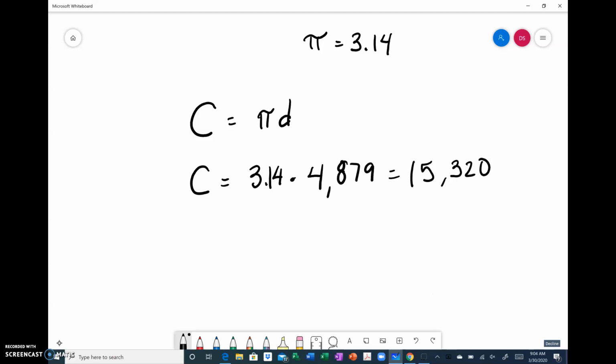But the question that you have to answer for the workbook is, how long will it take to fly around that distance, this circumference? So for Mercury, how long will it take me to cover 15,320 kilometers if I'm flying 900 kilometers per hour?